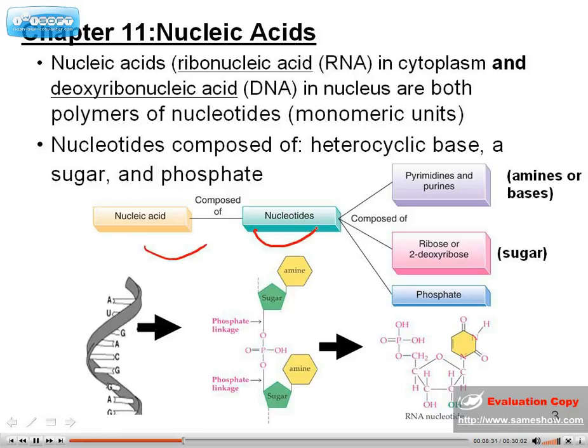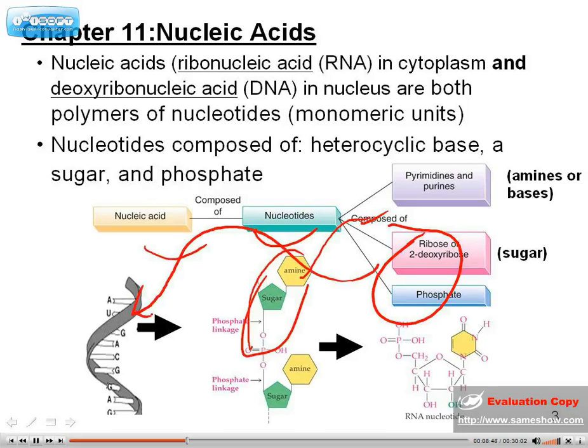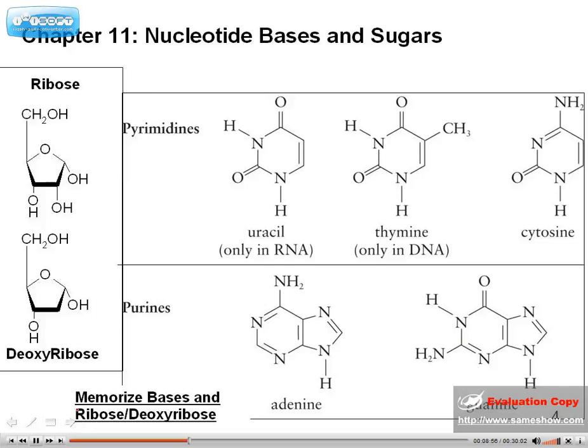Nucleic acid is broken up into nucleotides: phosphate, sugar, amine, and then the breakdown. Again, the bottom ones are used in maintaining the structure of the DNA. They make up the backbone. Notice it forms a helical pattern, and then the amines or bases make up the important genetic information.